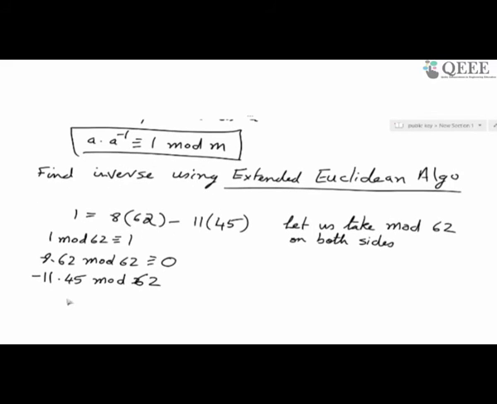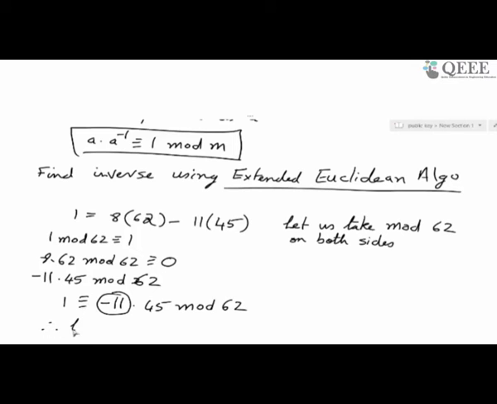So now 1 is congruent to, this 0 goes, minus 11 into 45 mod 62. So by our definition, we have identified this minus 11 such that when minus 11 is multiplied by 45 and the modulo 62 operation is taken, we get a value congruent to 1.